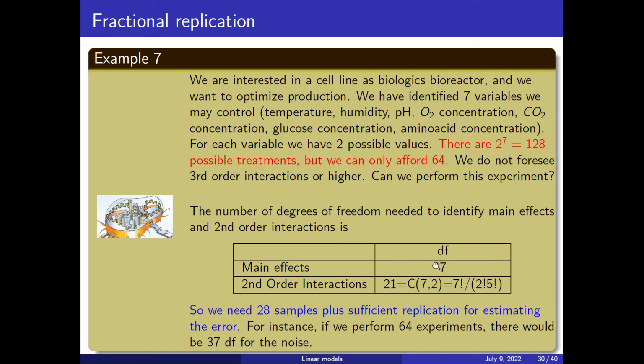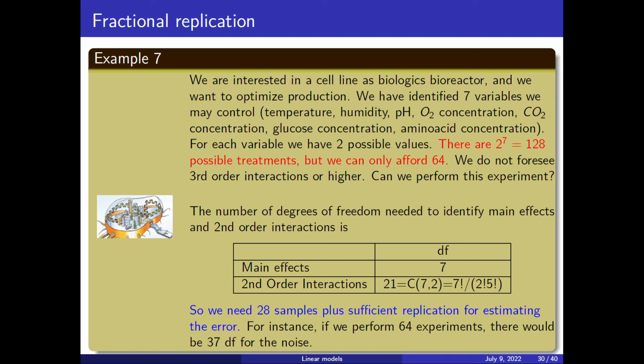So you need 28 samples plus whatever 10 to 20 extra degrees of freedom for the residuals. If I do 64 experiments, I would still have 37 degrees of freedom for the noise. That is quite a lot. 37 degrees of freedom for residuals gives you a lot of sensitivity.